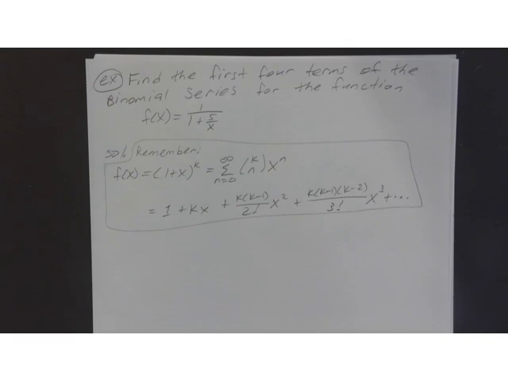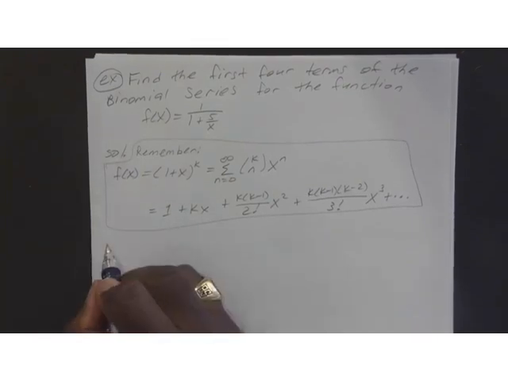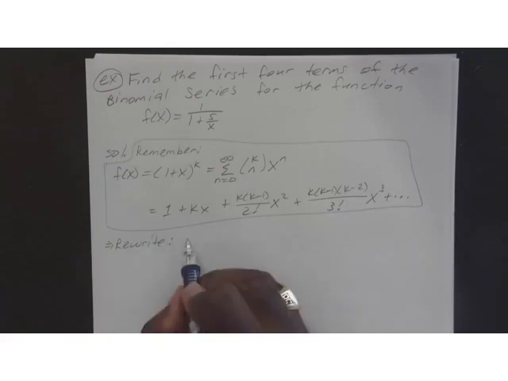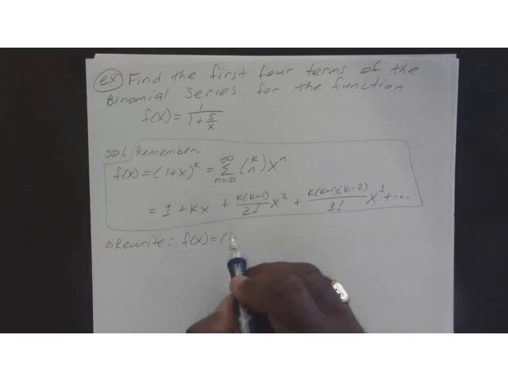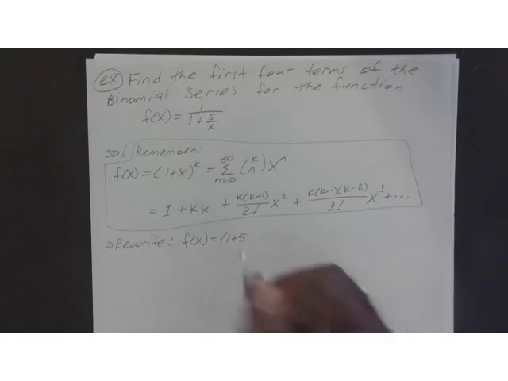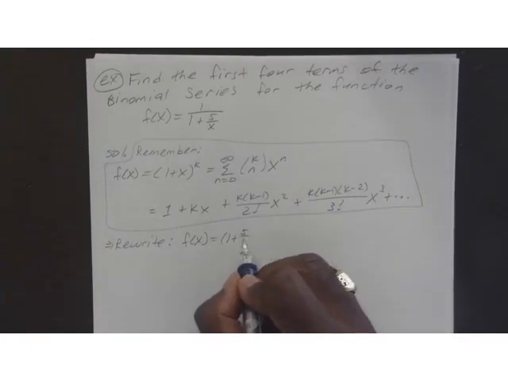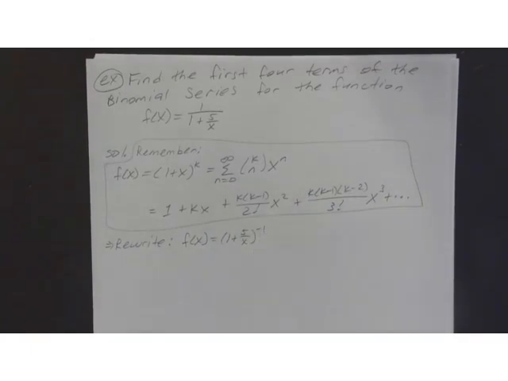Okay. So in order to use the binomial series, we have to rewrite our f of x to where it's in this form. So we're going to rewrite it as f of x is equal to 1 plus 5 over x to the negative 1 power.